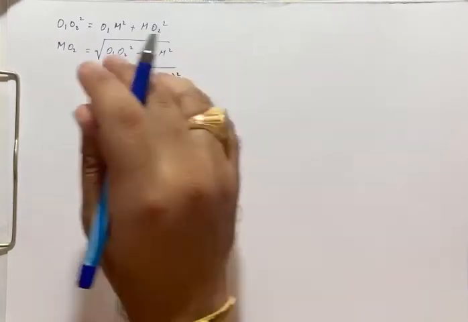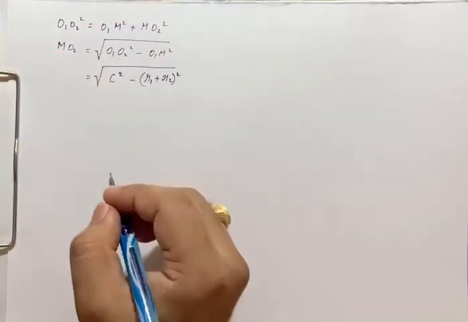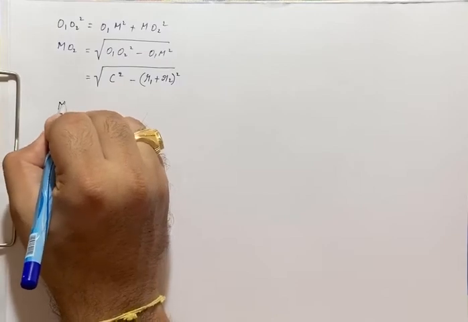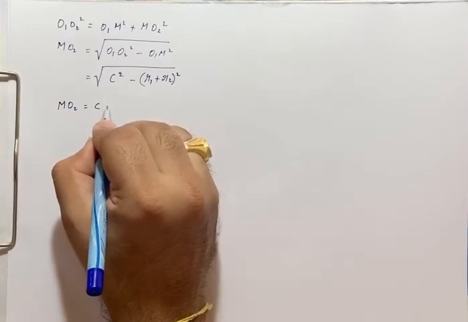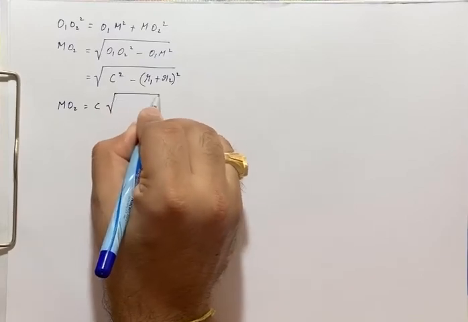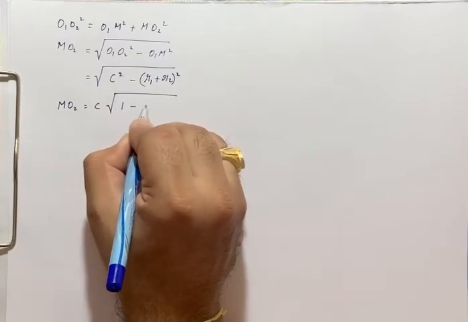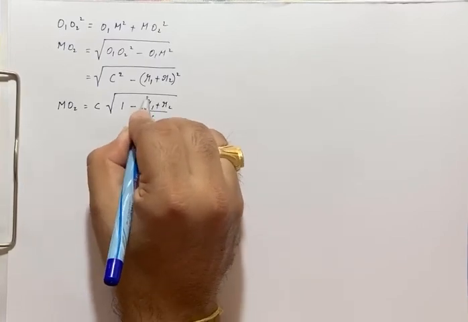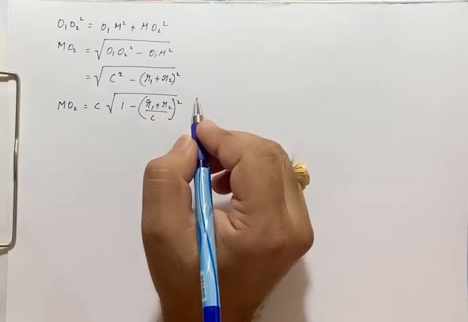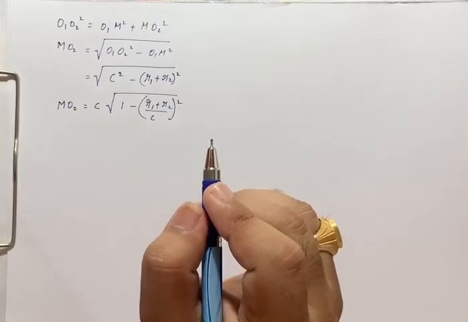After this, the same thing we did in the previous case, we need to do, that is take out C common, that is C outside the square root. So C into 1 minus R1 plus R2 by C whole square here, right.